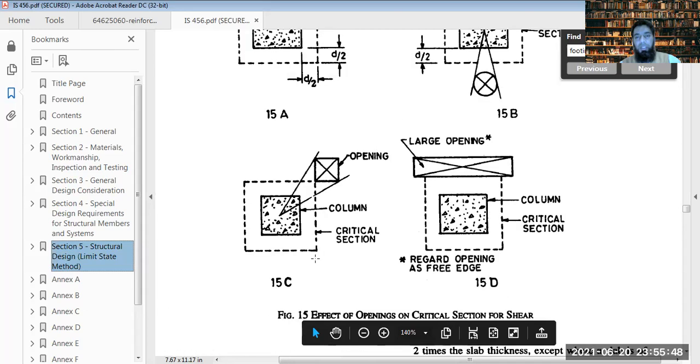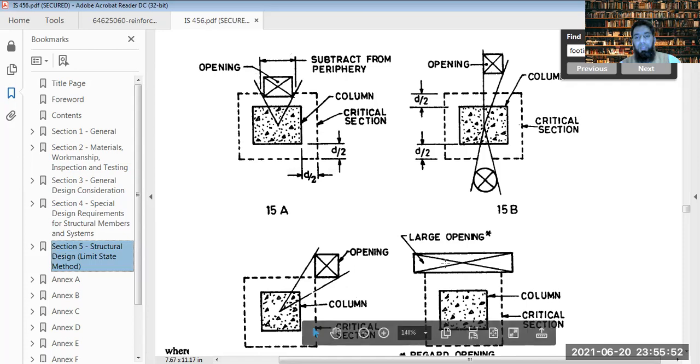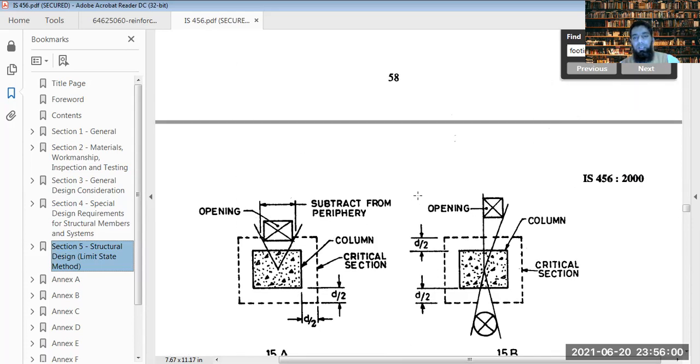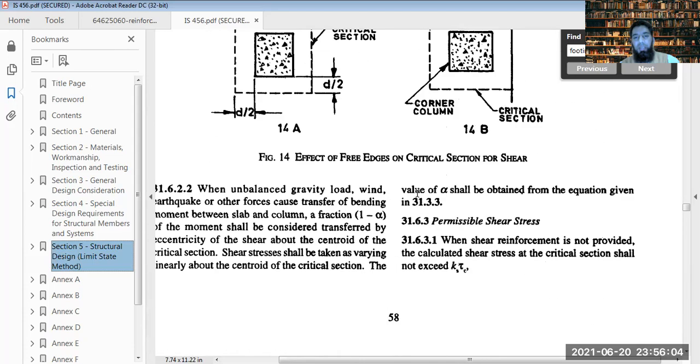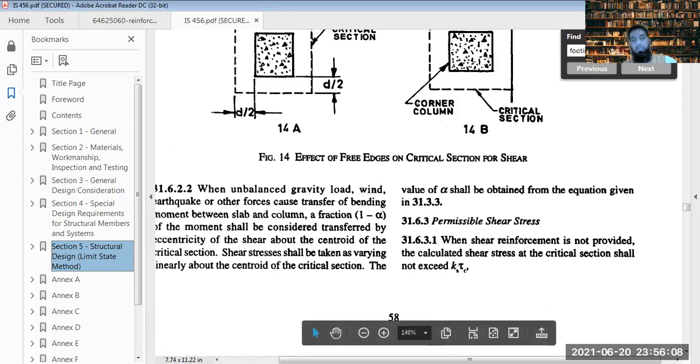So in our case, when we are determining the critical section about this 15b, 15a, we have to multiply this by Ks in order to get the value of tau c.